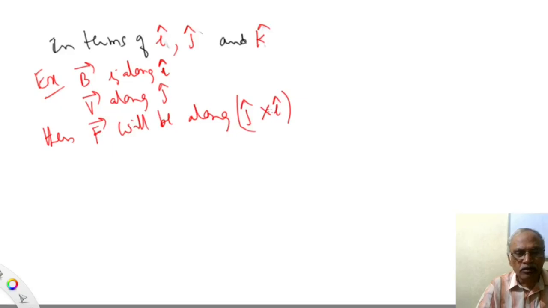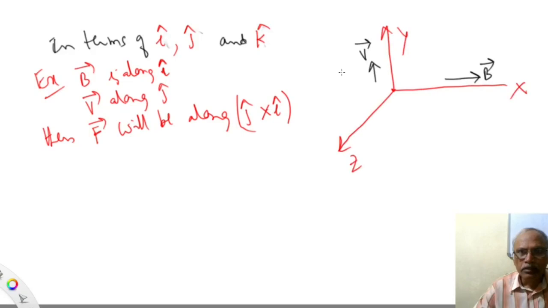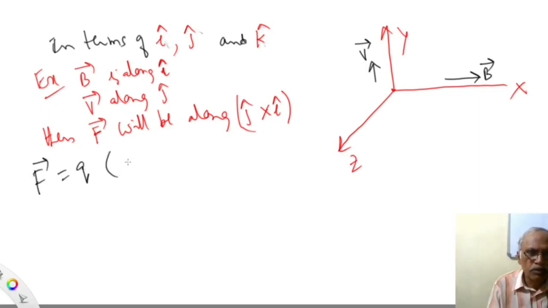For example, this is the X axis, this is the Y axis, and this side is the Z axis. Here B bar is along I cap, and V bar is along J cap, so the charged particle is moving along the Y axis. Then the force is along J cross I, because F bar is equal to Q into V bar cross B bar.